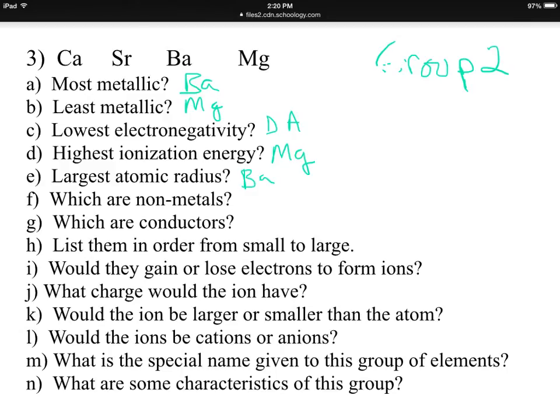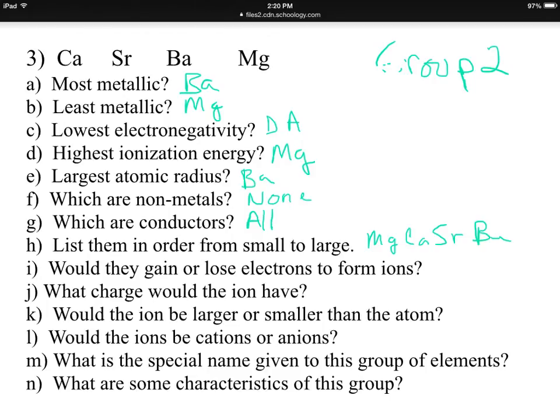Which are nonmetals? I would say none. Which are conductors? All. Metals are all good conductors. List them in order from small to large. Well, we would go from magnesium, you go to calcium, strontium, and barium.